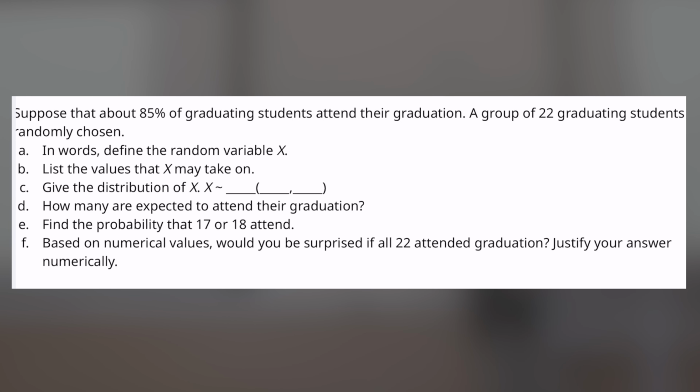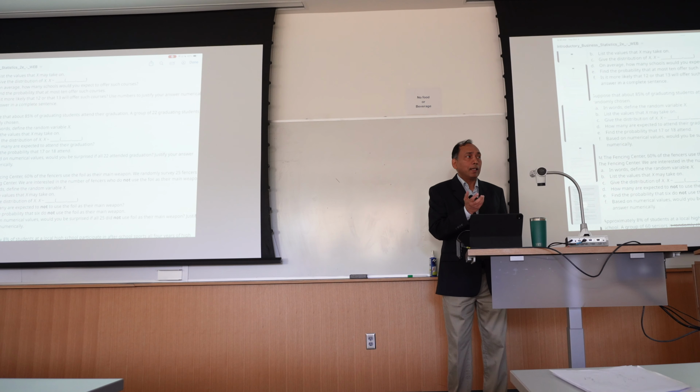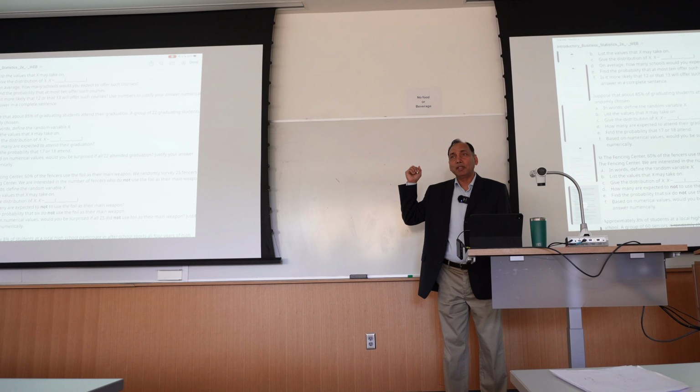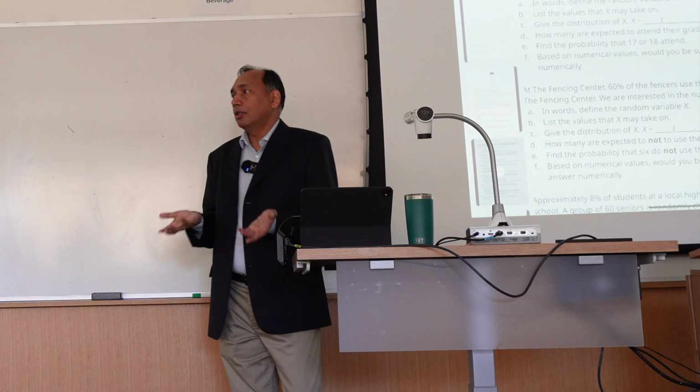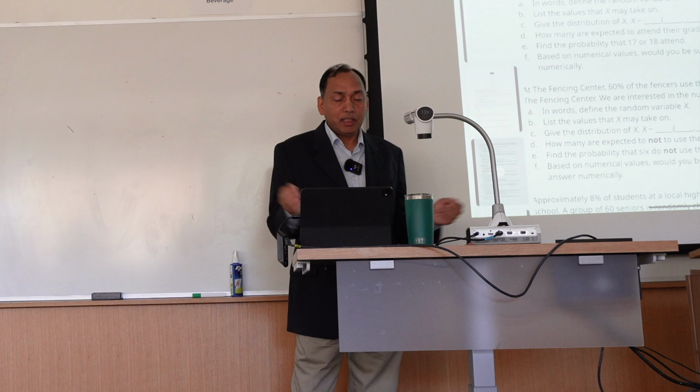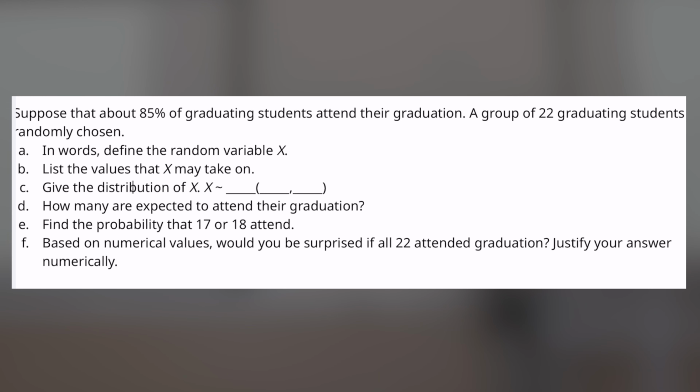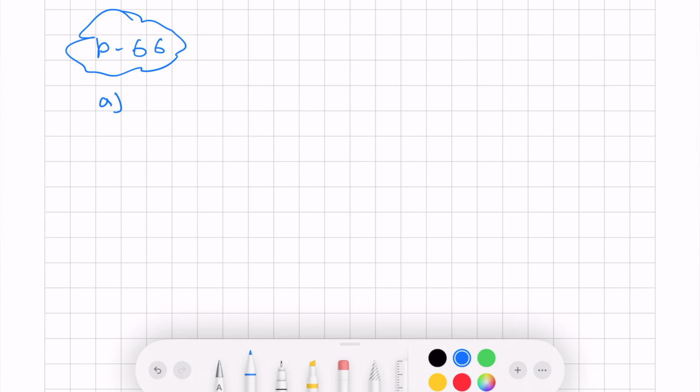So what values can x take? Obviously it starts with 0, goes to 1, and what is maximum possible? 22, because out of 22 students, maximum is 22. Give the distribution of x. We defined random variable as number of students. Actually, before that, I always like to write what is n and p for binomial.